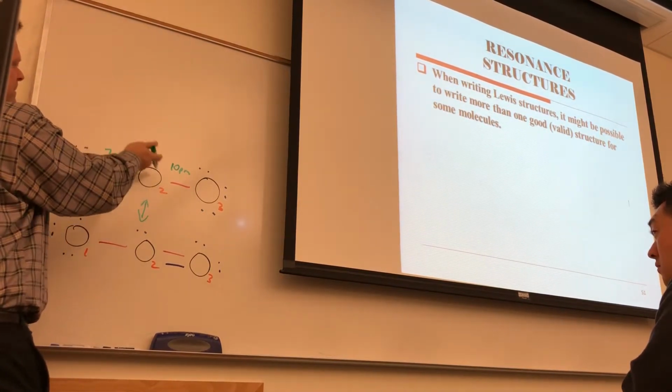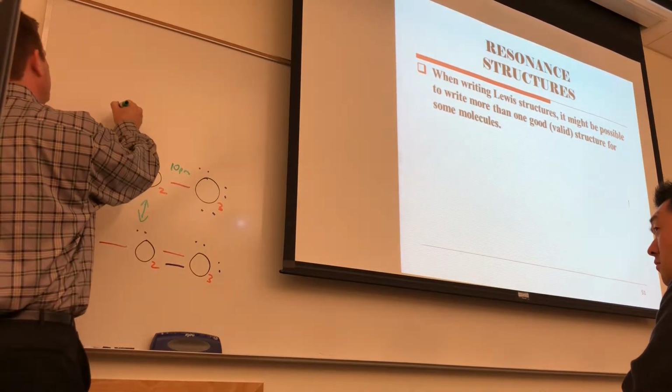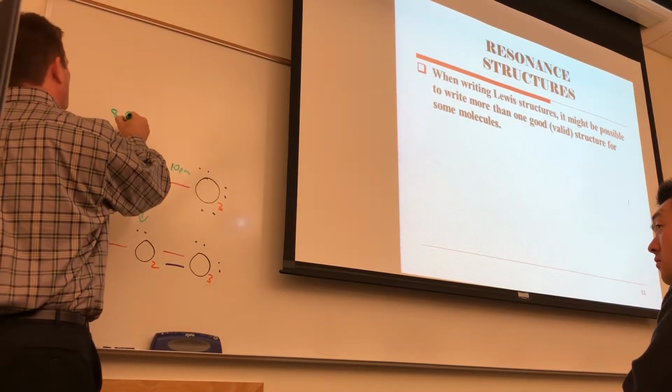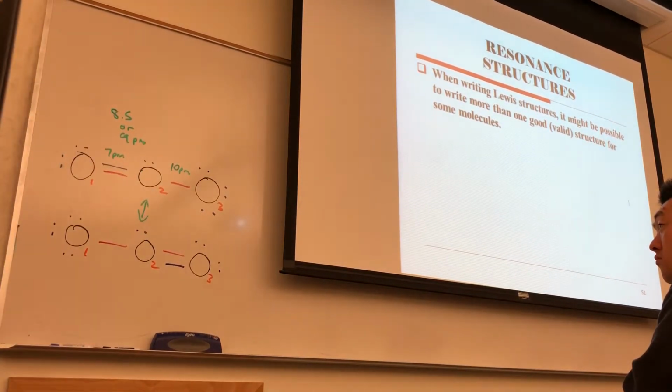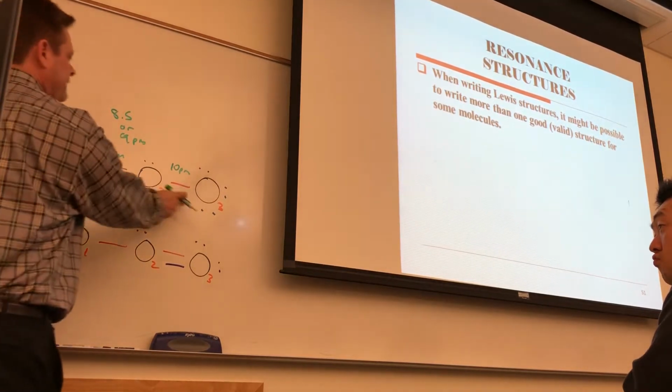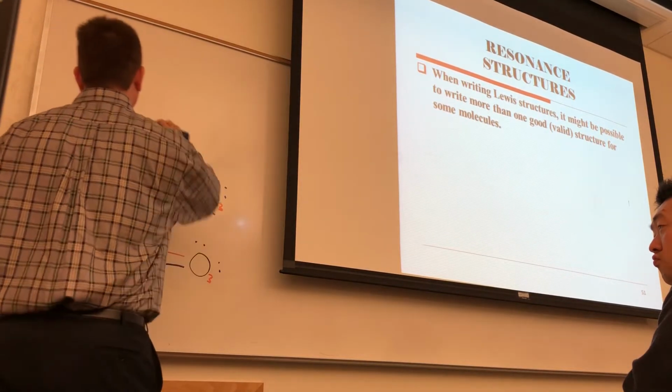So you'd expect maybe 50% 7 picometer, 50% 10 picometer. But what I really get is something like 8.5 or 9 picometer for my bond lengths, which means that I don't have this or this. I have a hybrid of it. So what I really have is this.